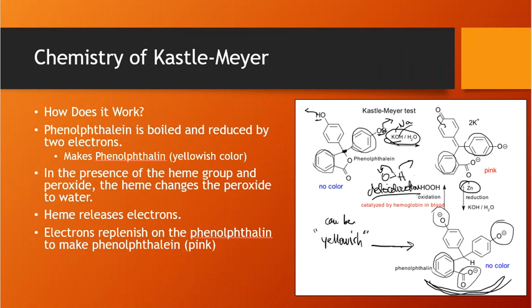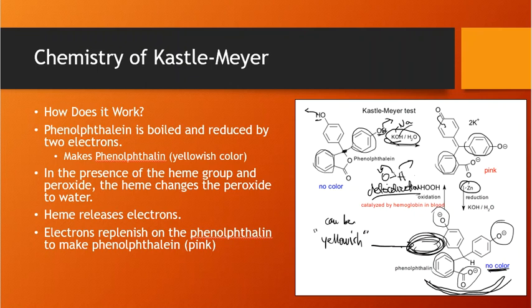But because that double bond has now been moved inside of the ring through delocalization with the help of zinc, we now get a colorless reaction again. We say no color, but this will look very yellowish, a pale yellow urine color. This is really the Kastle-Meyer reagent that we're looking at right there.